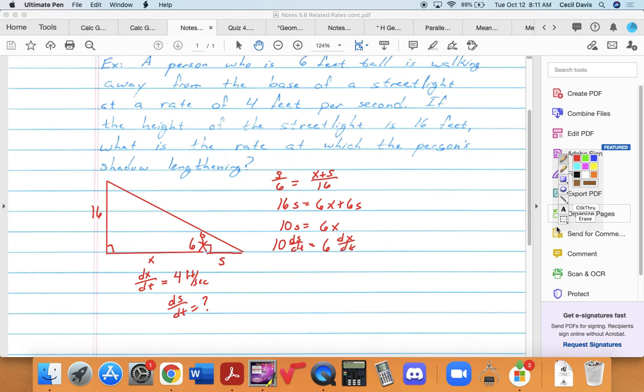And my only unknown in that is ds dt. So that'll be 10 ds dt equals 6 times 4. Divide both sides by 10, and I get that ds dt is 2.4 feet per second.